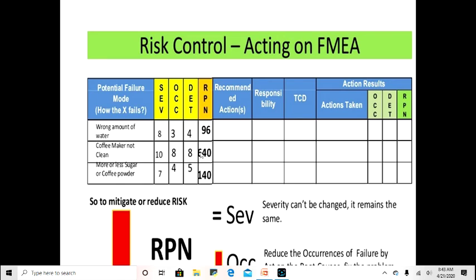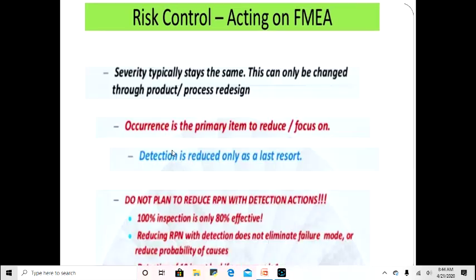And how does this number come down if you reduce this? Out of these three, severity, occurrence, detection, the one to be concentrated on first is the severity. When you reduce this, the other two also will be proportionally reduced.